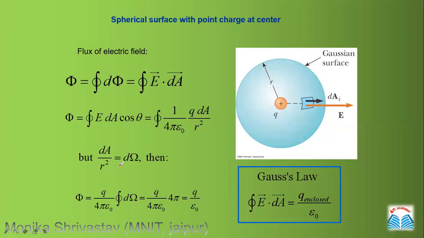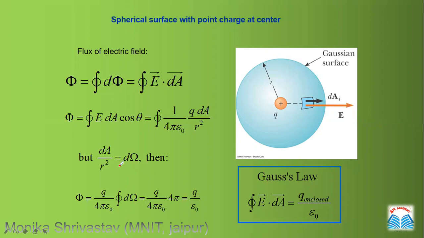If I am considering any one piece of that watermelon, and I am keeping that one piece at the same place where it was in the watermelon, and I am watching from the center, that 1 by 8th piece will make an angle d omega.